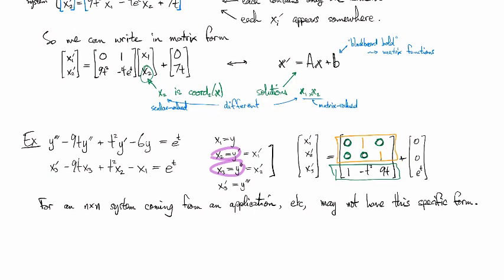So in particular, it's possible that these entries right here could be non-zero.